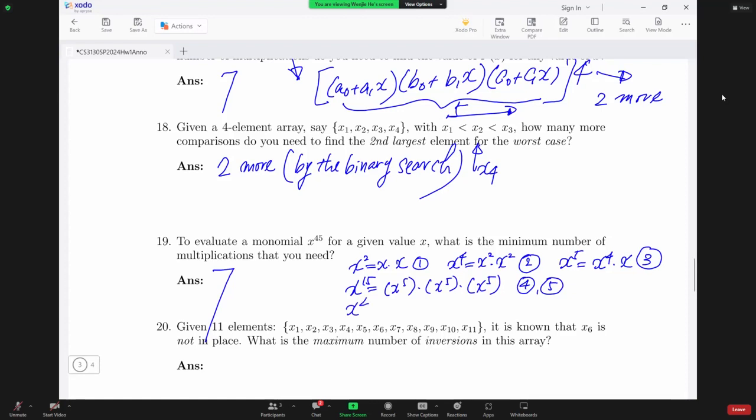Then x to the 45 equals x to the 15 times x to the 15 times x to the 15. So you have the sixth and the seventh. See? 7.